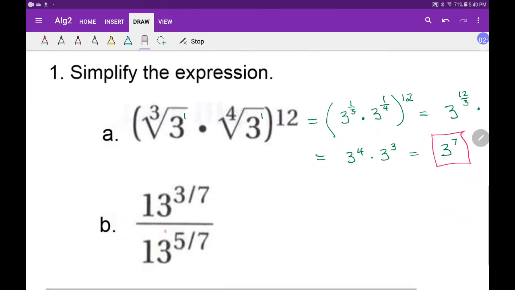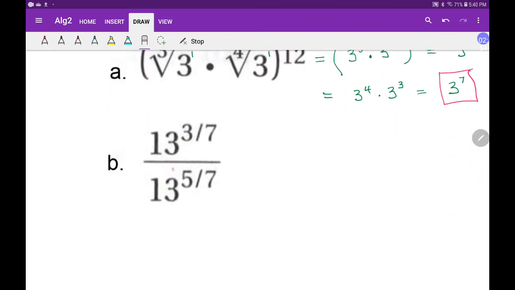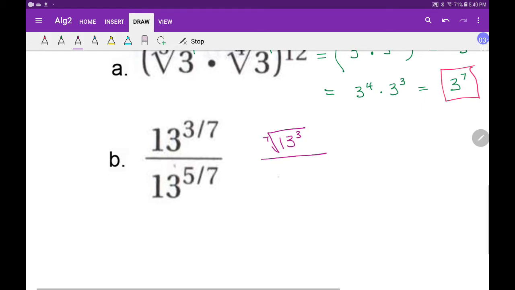Notice that it's the 7th root for both of them. So let me rewrite this as the 7th root of 13 to the 3rd power, and the 7th root of 13 to the 5th power.